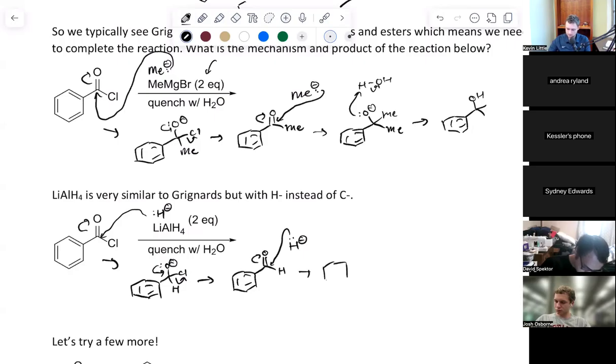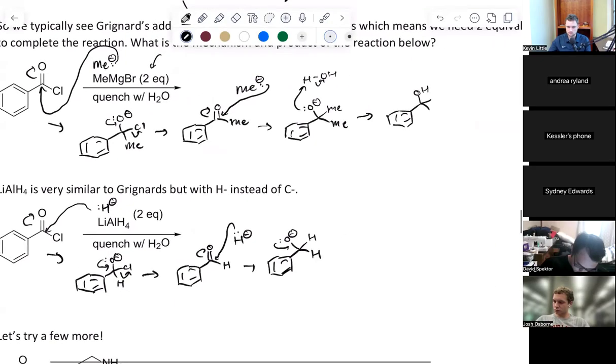And I formed this. I broke a carbonyl. It wants to reform. Can it? No, it cannot. So it has to satisfy the negative charge by taking a proton.